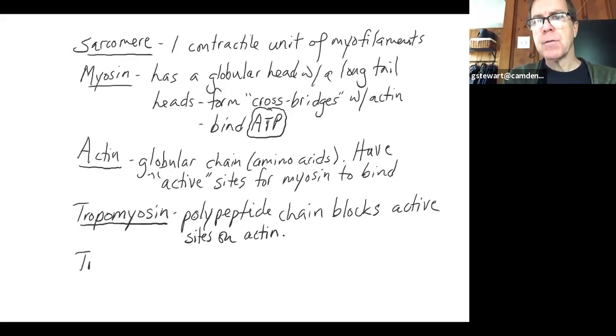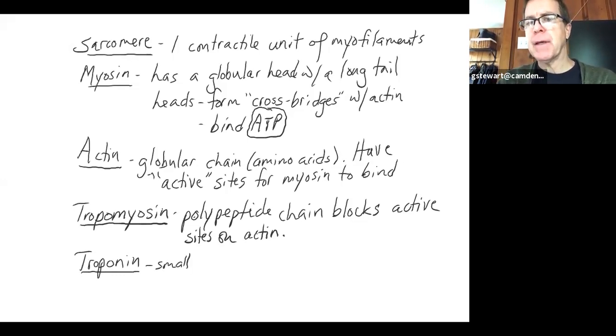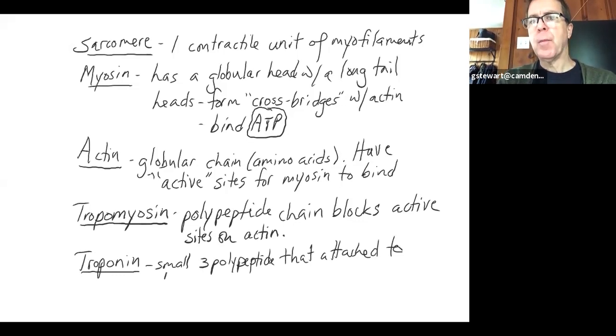One more word and then I'm going to switch panels here. This looks like tropomyosin. It's pronounced troponin, T-R-O-P-O-N-I-N. This is a very small, I believe only 3 polypeptide, that is attached to tropomyosin, the longer polypeptide.